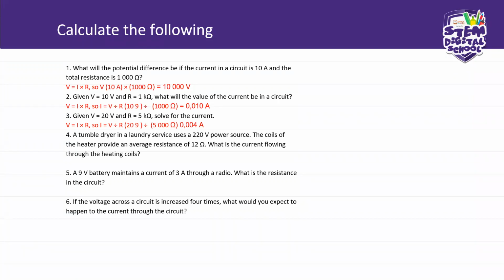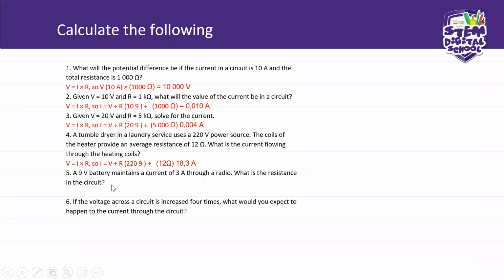Calculate. Let's see. Yes. 18.3 amps. You're correct.